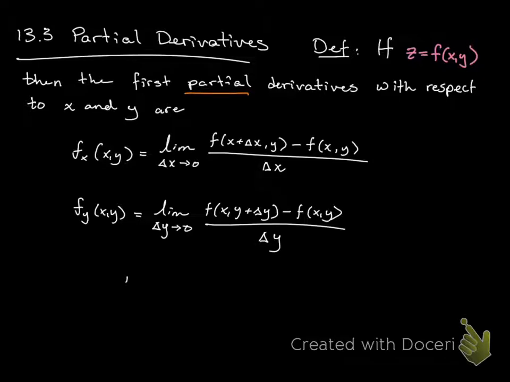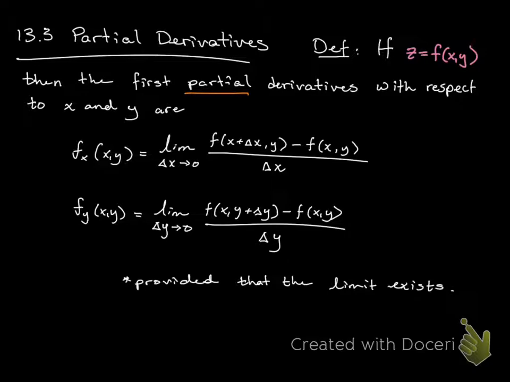These are first partials. That implies that we're going to be able to take second partials. We'll get to that. Basically like a second derivative. And this is, of course, provided that these limits exist. Same as with a regular function: if the limit doesn't exist, then the derivative does not exist, and vice versa.